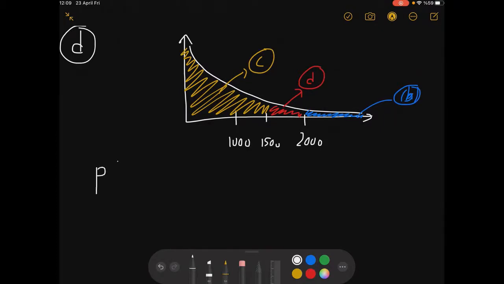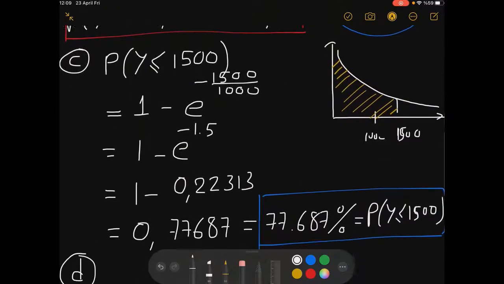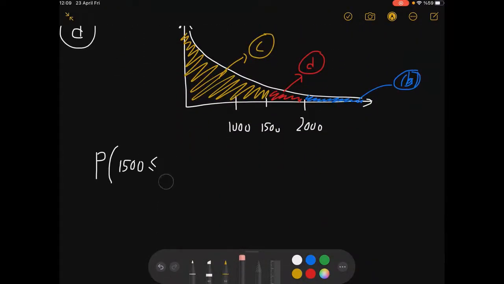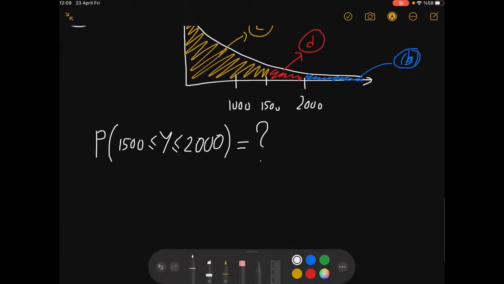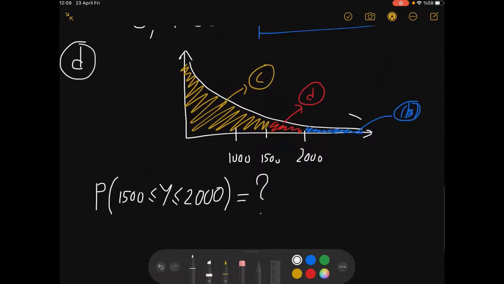What is the probability of your Y being between 1,500 hours of operational lifetime and 2,000 hours of operational lifetime? I think it's pretty obvious, right? We need to subtract this one and this one from 1, and we will get that result.